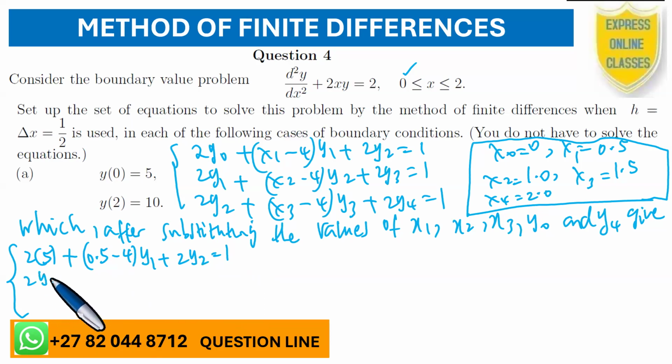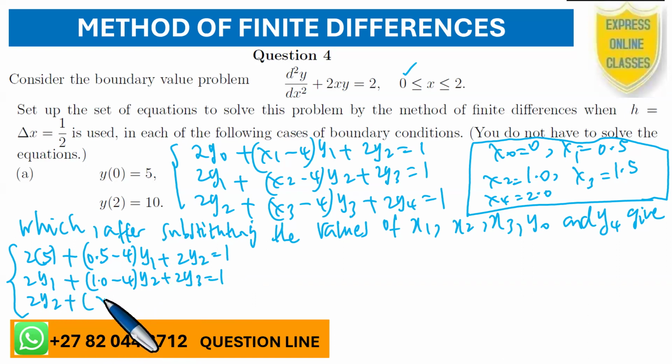We get a 1. y1 we also don't know its value yet, but we can solve it; we don't need to solve yet. We need to get the equations. x2 we know. What is x2? It's 1.0, minus 4, then we have y2, and then 2y3, we don't know, the result is 1. y2 we also don't know.